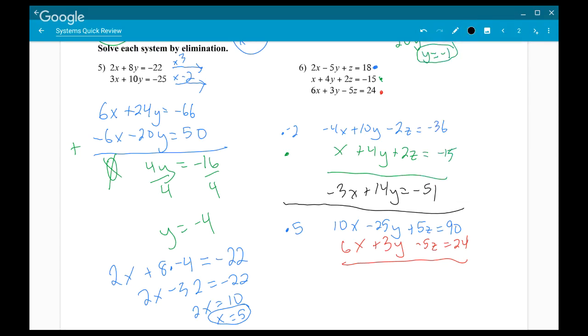Add those together. I get 16x plus 22y equals 114. Oof, those numbers got a little nasty in a hurry. What you're basically doing at this point is just a regular elimination problem on those two black equations. So I'm going to take that -3x one and write it down here.